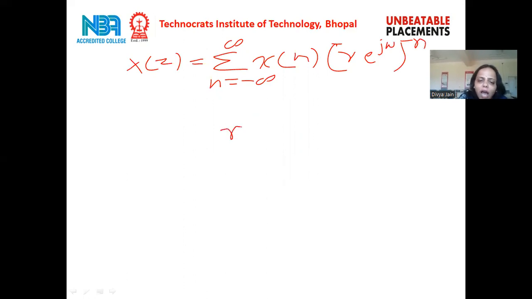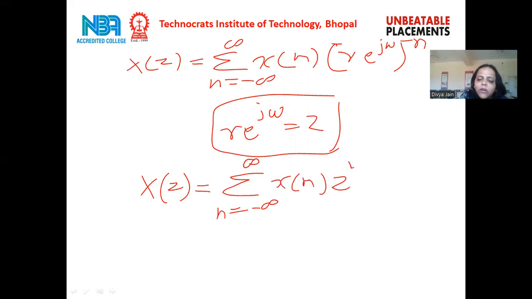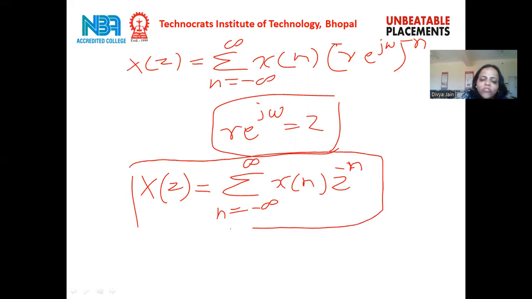Here we can take r e to the power j omega as z. So the final formula for finding out the Z transform is X(z) equals summation n equals minus infinity to infinity x[n] z to the power minus n. This is the final formula for finding out the Z transform of any input signal x[n].